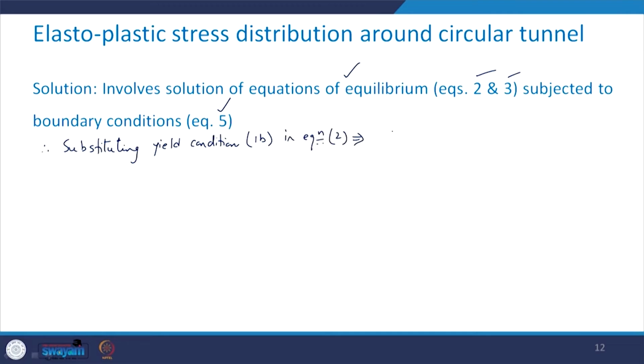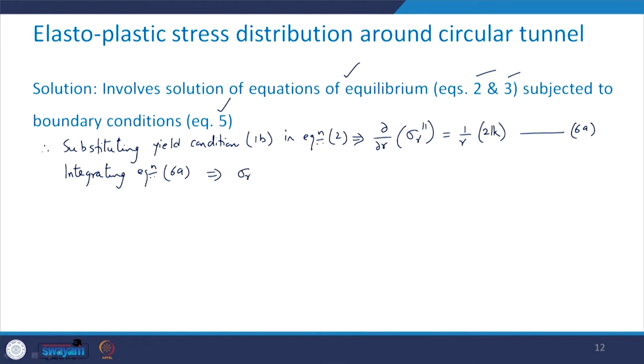What we get is del sigma r double prime by del r is equal to 1 upon r into 2 kappa. This is 6a. Now, you integrate this equation. So, integrating equation 6a, we are going to get sigma r double prime equal to 2 kappa ln r plus a prime.